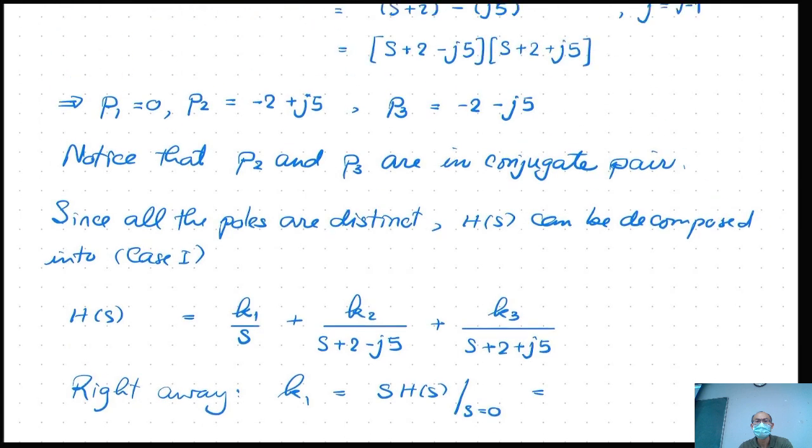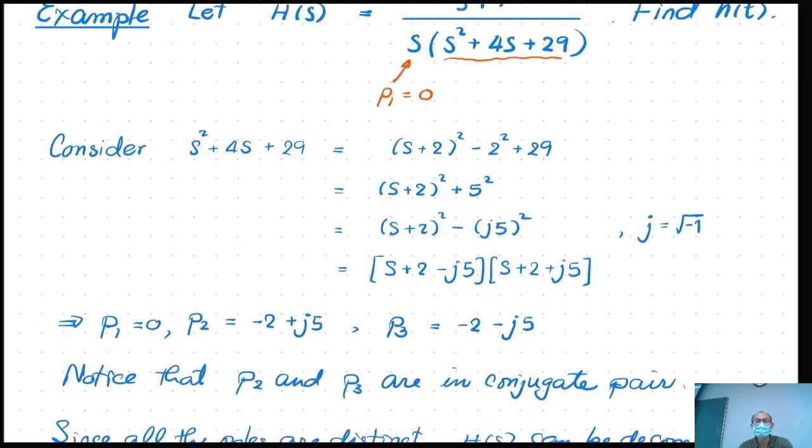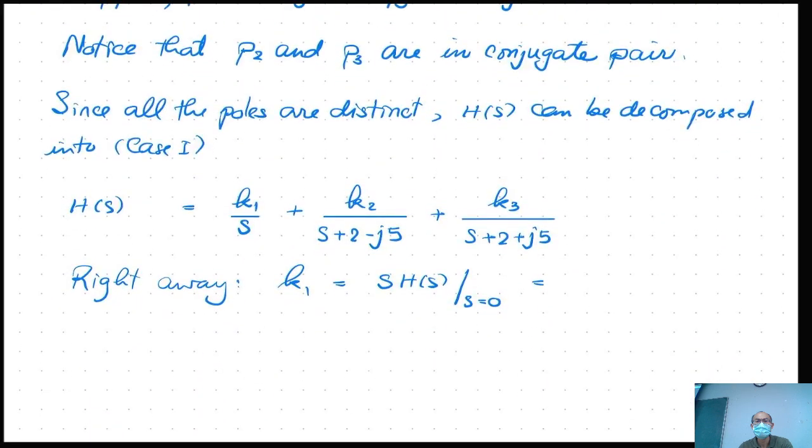Once we multiply this guy by S, we are practically eliminating the S factor here, right? So we get S plus 1 over S squared plus 4S plus 29.